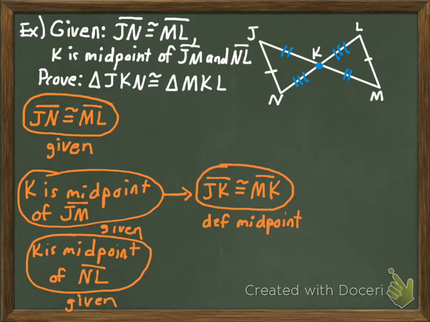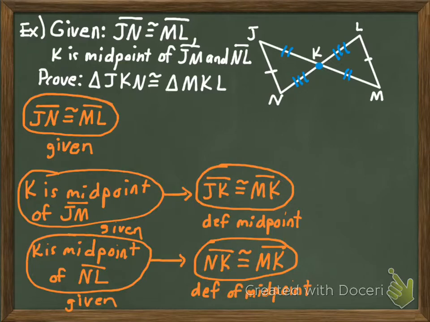Now, just pay attention to the order thing again. Remember, if we rotate this triangle around point K to make this triangle, point J would correspond with M. That's why I put J and M in the same places in these congruent statements. Alright, then we also said that K is the midpoint of segment NL, and so segment NK has to be congruent to segment LK. Also using the definition of a midpoint.